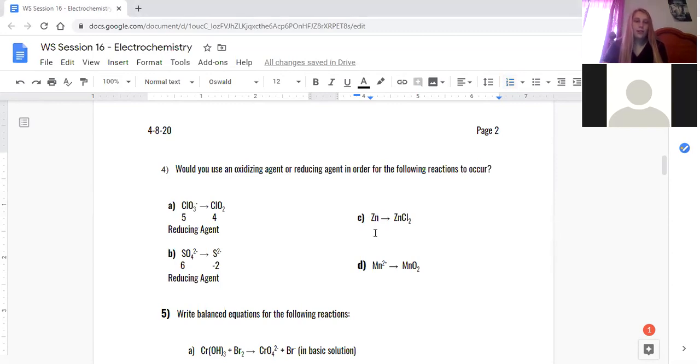Y'all know this one, we've talked about it. It's an element by itself, so it's just going to be whatever the actual charge is. So because it has a charge of 0, it's by itself, so the oxidation state is just going to be 0. What is the oxidation state of zinc in zinc chloride here?